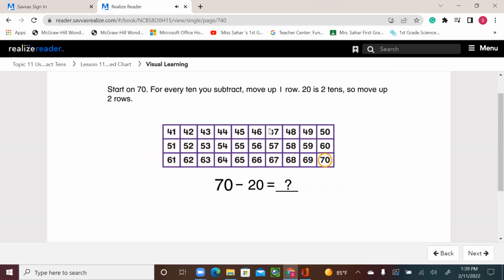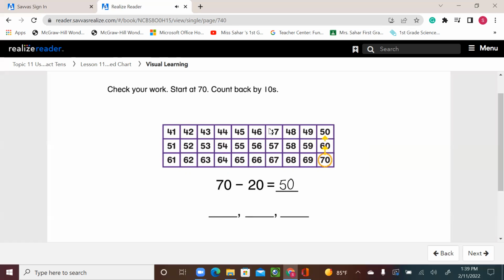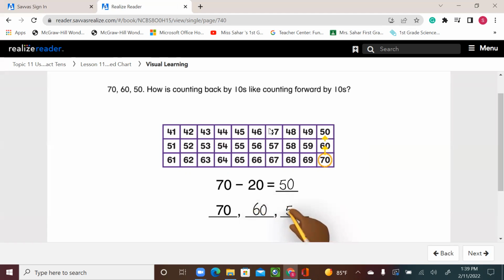Start on 70. For every 10 you subtract, move up 1 row. 20 is 2 tens, so move up 2 rows. 70 minus 20 equals 50. Check your work. Start at 70. Count back by tens. 70, 60, 50.